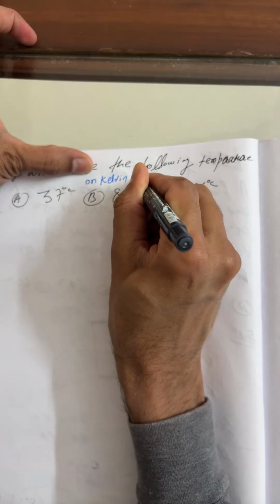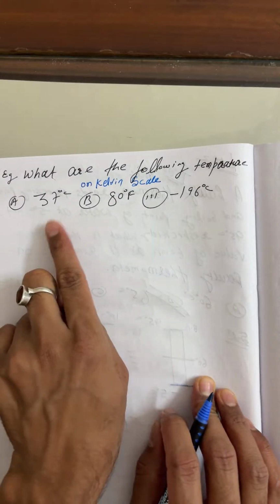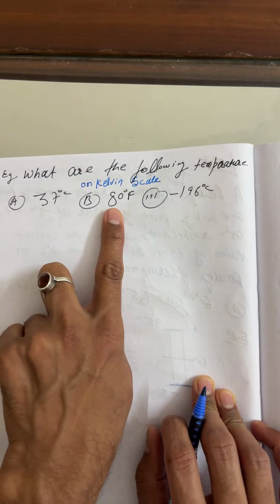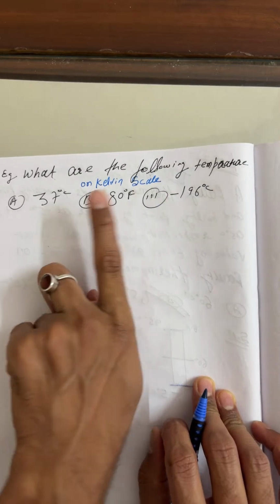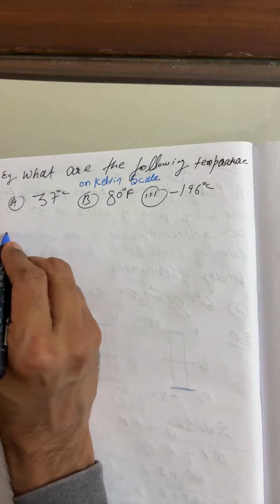These temperatures are degree Celsius, the next is Fahrenheit, and this is degree Celsius. Convert them to the Kelvin scale. Okay, so have a look at the solution.